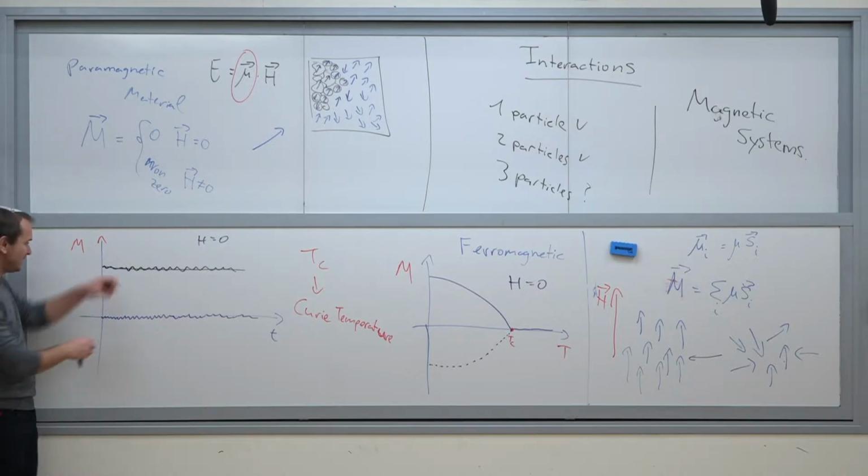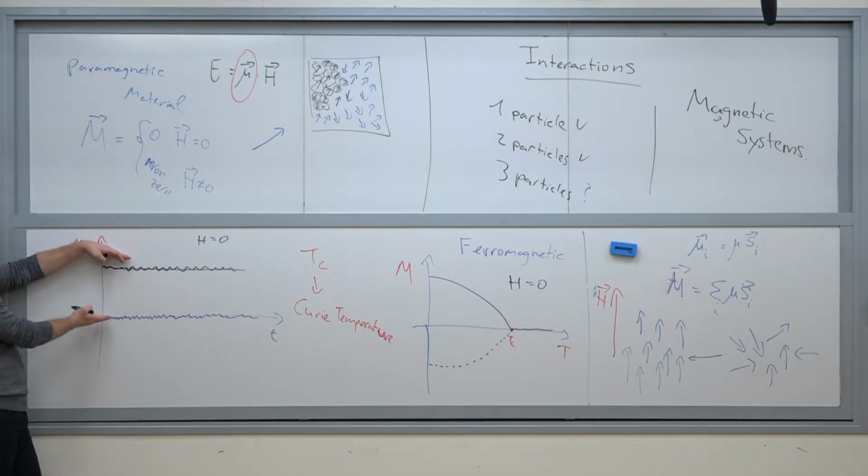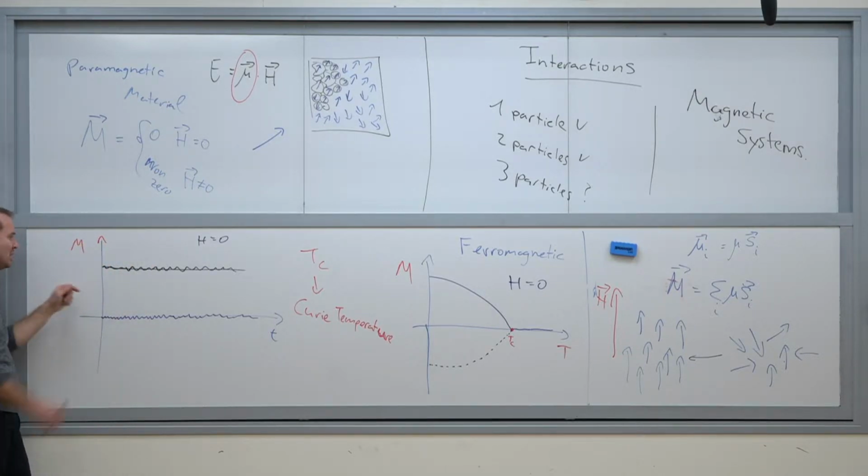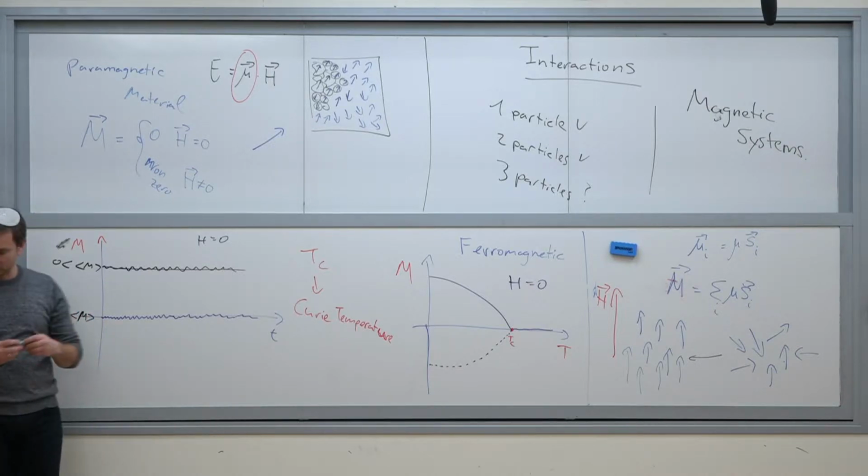No. What I'm saying is that it has a big macroscopic value, with some small fluctuations around it. This is why I can plot the average M. Here the average M is greater than 0. Here the average M equals exactly 0.